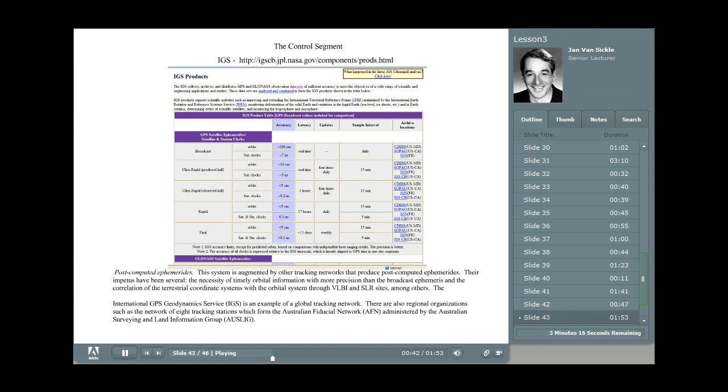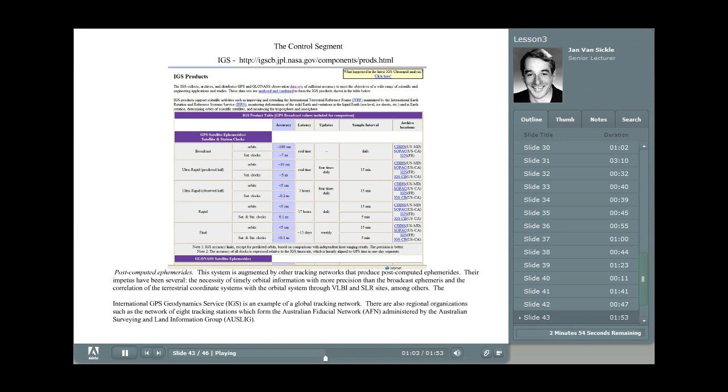In other words, given a position on the Earth and given a window of time, it is possible for you to go on the internet and download from these sites I'll give you here the precise ephemeris, the post-computed ephemeris of the moment at which you were observing the satellite.